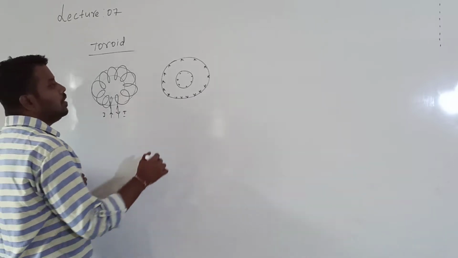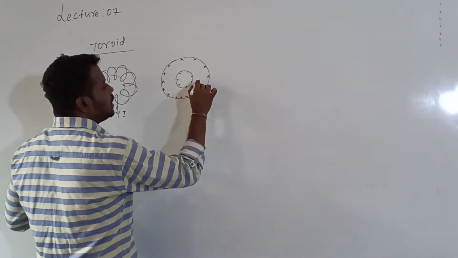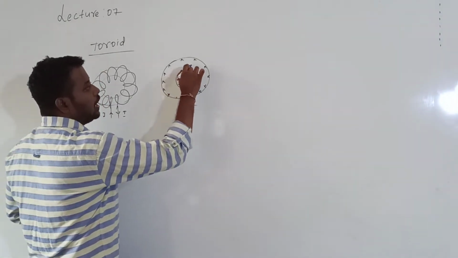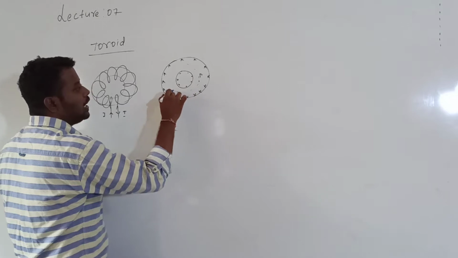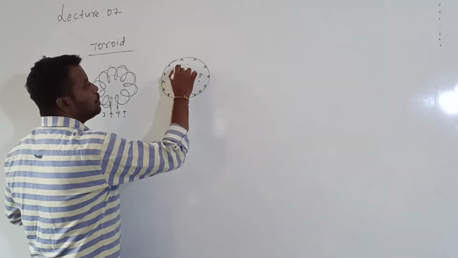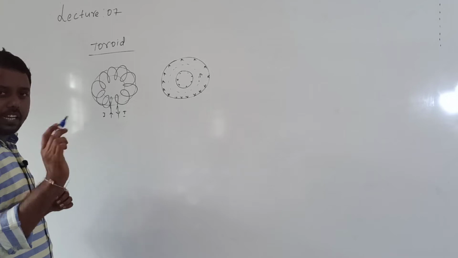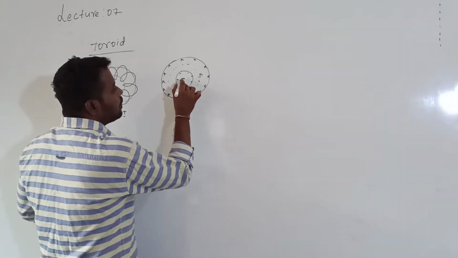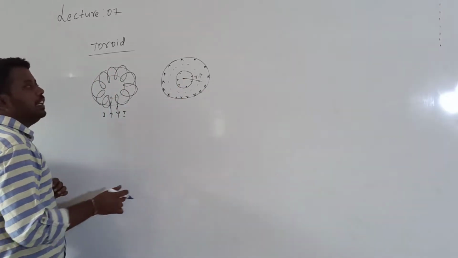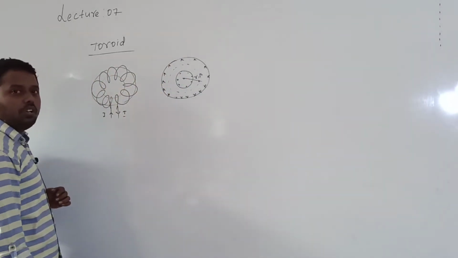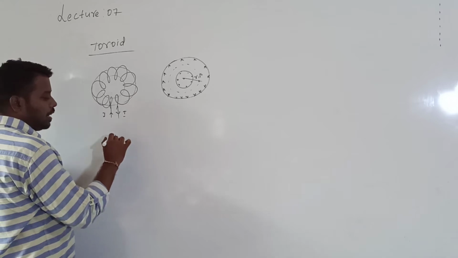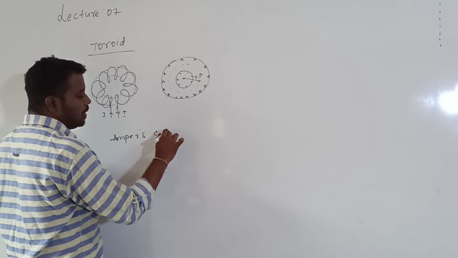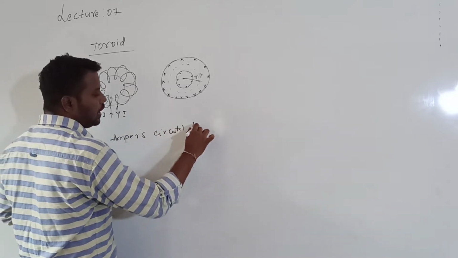For example, I want to calculate the magnetic field induction at a point P due to this toroid. By applying Ampere's circuital law, let me imagine one Amperian circle. Let the distance of point P from the center be R, so the circle's radius is R. Then according to Ampere's circuital law, what can I write?